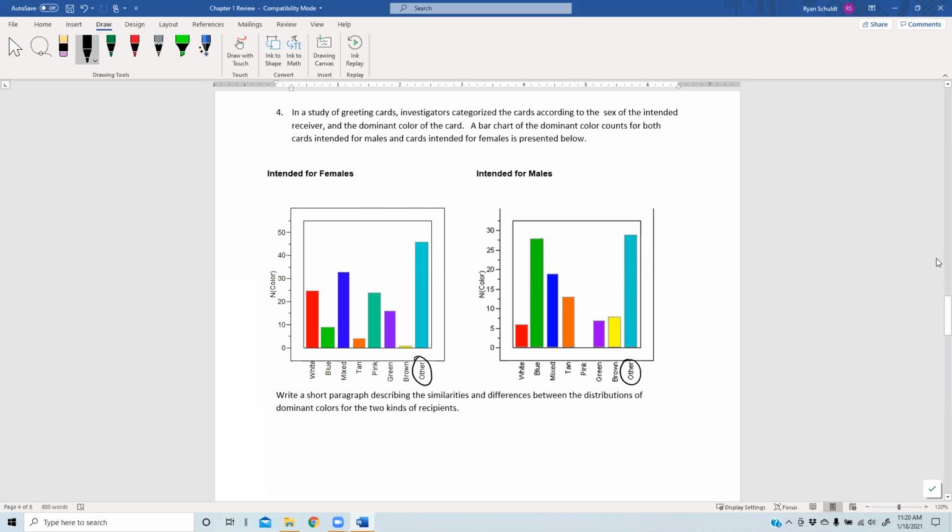It's one of the most popular colors. If we look at males, males probably aren't going to get a pink card. And females probably aren't getting brown cards.